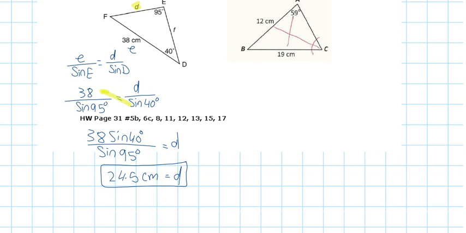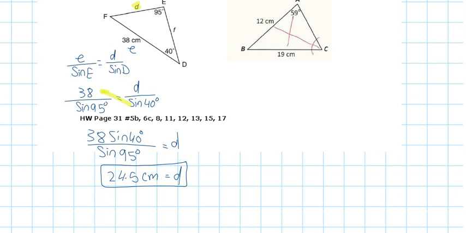Sine law is only used with triangles that do not have a right angle. But there's also the cosine law, which we're going to talk about. There's no choice, it's either cosine or sine, but we'll talk about when I can use cosine law too.